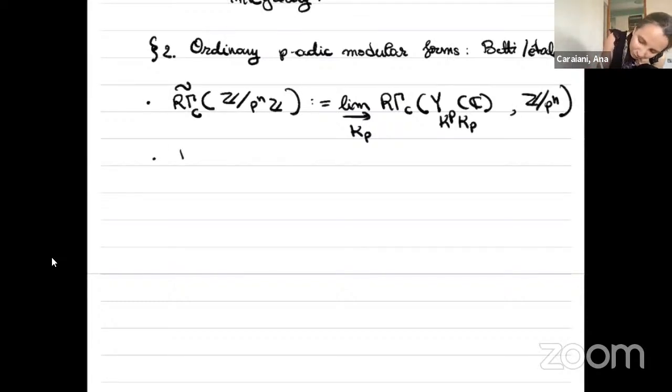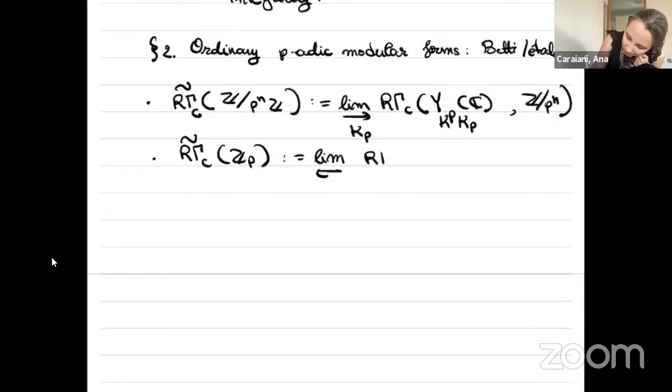And one can even form a p-adic version of this, where you take an inverse limit of the previous things over n.